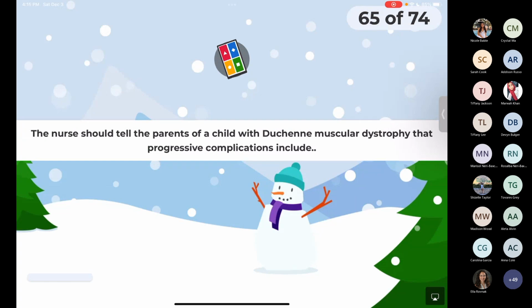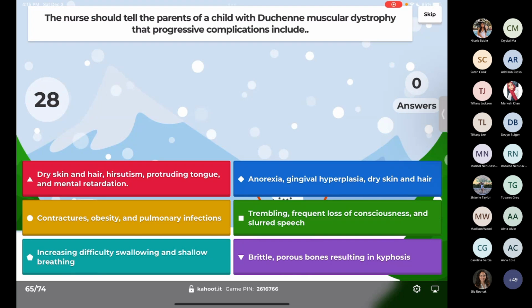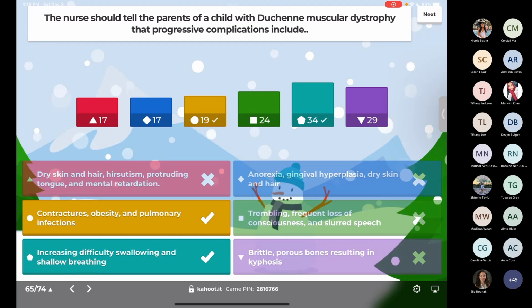Select all that apply. The nurse should tell the parents of a child with Duchenne muscular dystrophy that progressive complications include... Good job, guys.